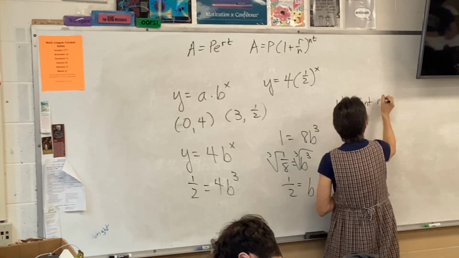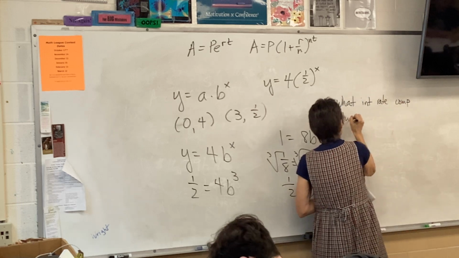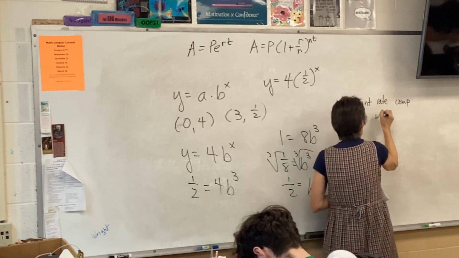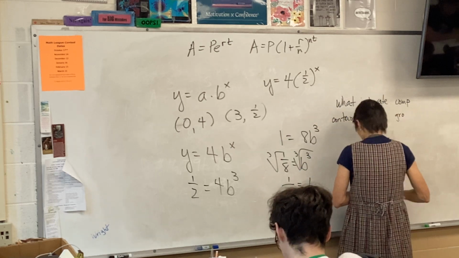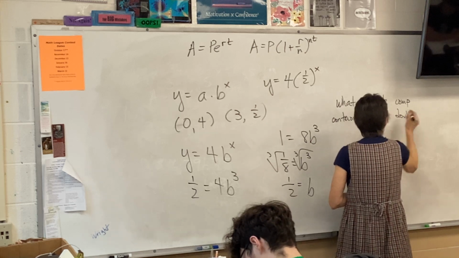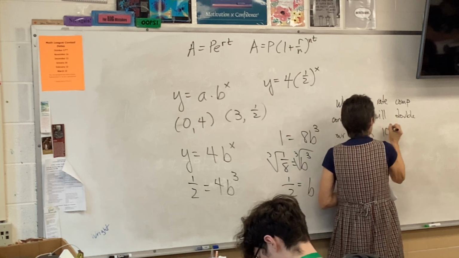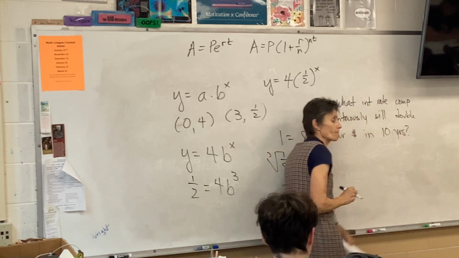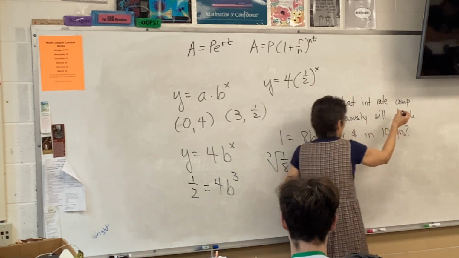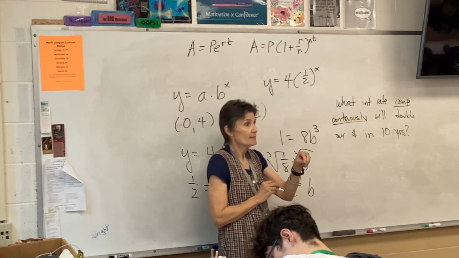What interest rate compounded continuously will double our money in 10 years? Now, how do I know this is a Pert problem? Because regardless of my spelling, it's compounded continuously.